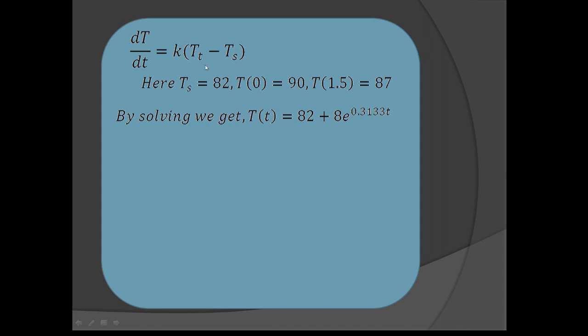Once we solve the differential equation, we get T of t is equal to 82 plus 8 into e power 0.3133 into t. Now we know that the normal body temperature of a human being is 98.6 Fahrenheit. So substitute these values in the above resultant equation.